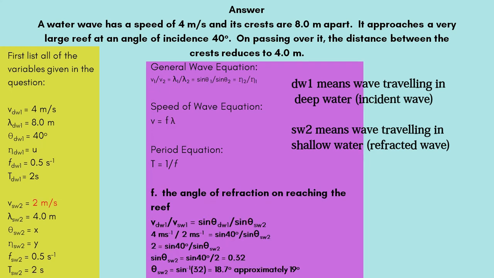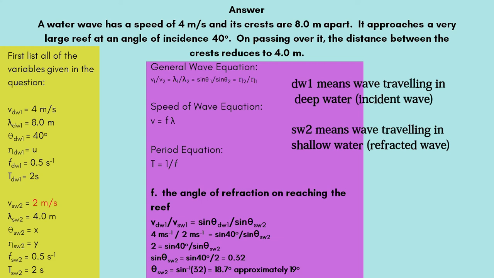Now we're looking at the angle of refraction on reaching the reef. So to find the angle of refraction, we see that you can't use the speed of wave equation, and you really can't use the period equation. You need to look to the general equation. So using the general wave equation, I'm looking at the relationship between V1 over V2 equal to sine theta 1 over sine theta 2.